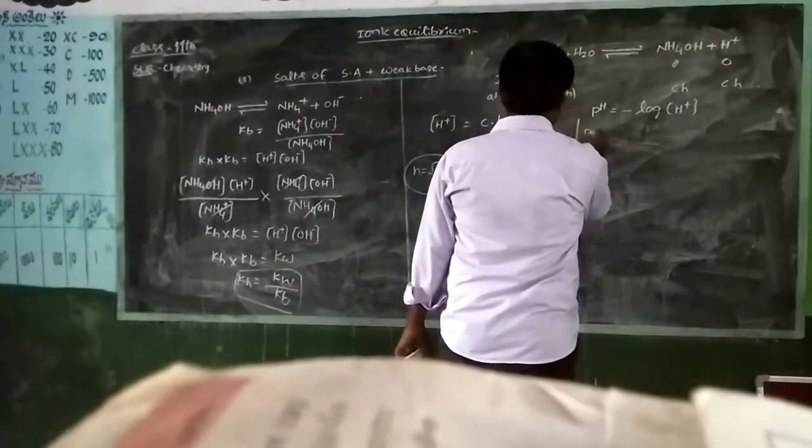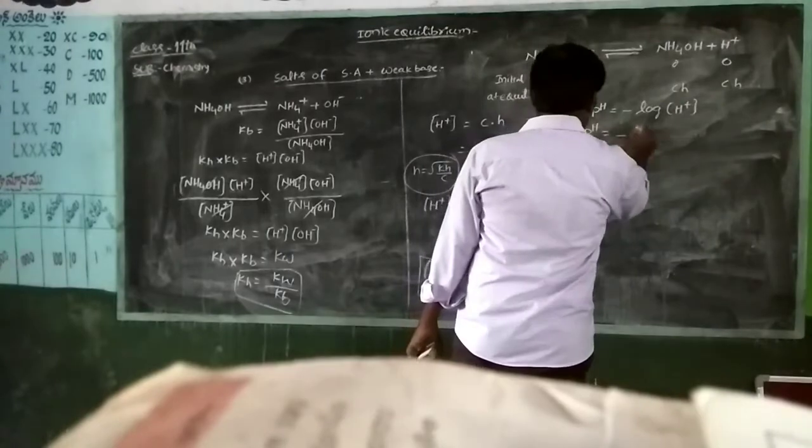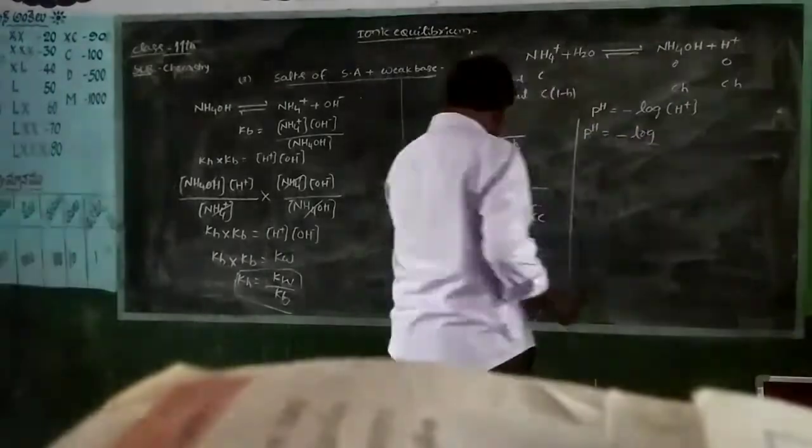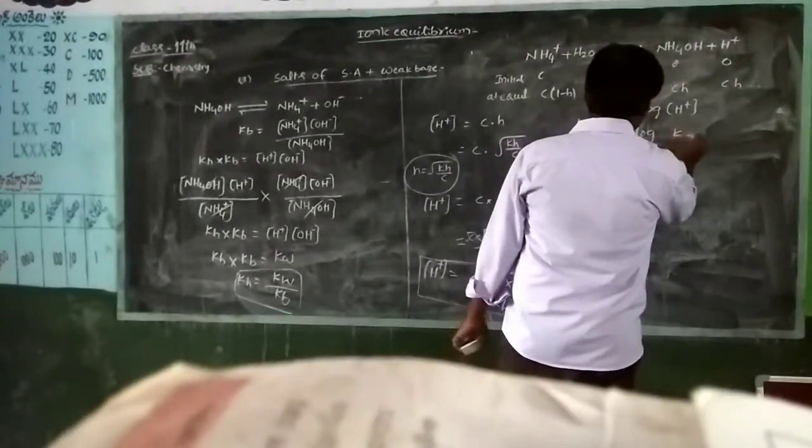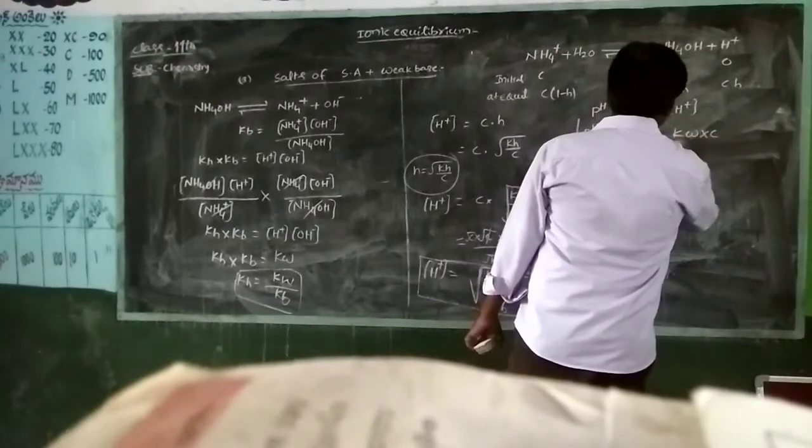pH is equal to minus log H plus concentration, which is equal to the square root of KW into C by KB.